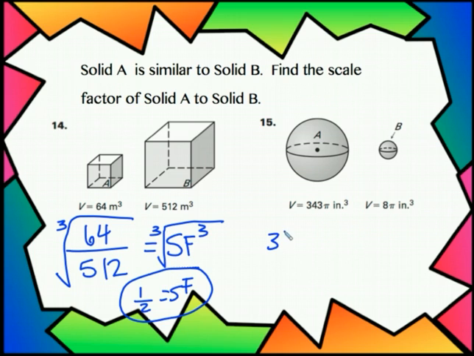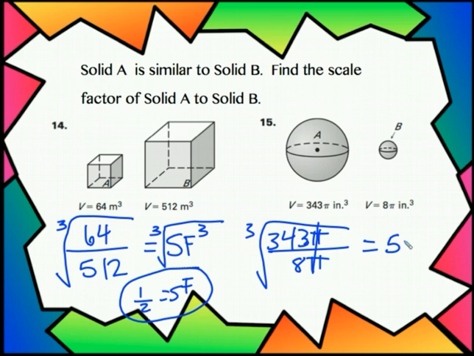Volume over volume, 343 pi over 8 pi. Now the pi's cancel. You can put them in there if you want, but they're still going to cancel out. It equals the scale factor cubed, so we're taking the cubed root again. So 343 over 8.